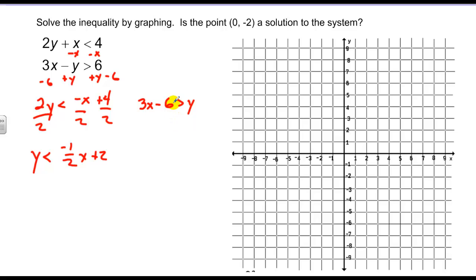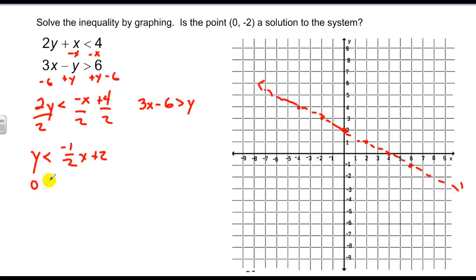So in this case, I'll graph 2, up 2, down 1 over 2, and I'll dot that line. Check to see if 0, 0 works out for me.